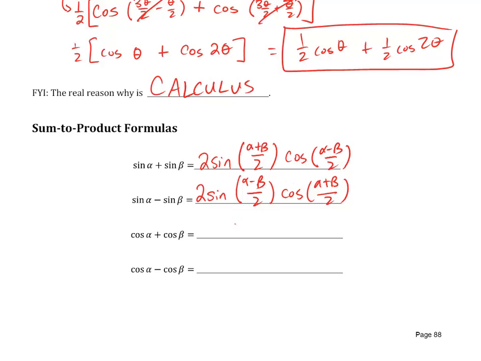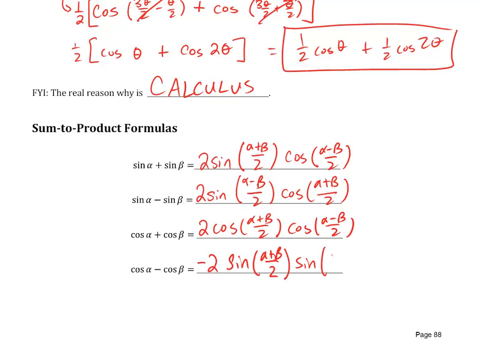Cosine of alpha plus cosine of beta is 2 cosine of alpha plus beta over 2 cosine of alpha minus beta over 2. And the last one is negative 2 sine of alpha plus beta over 2 sine of alpha minus beta over 2.